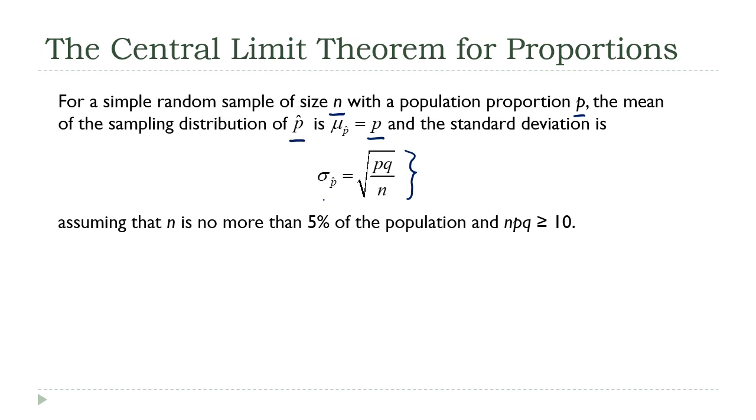The sample size has to be no more than 5% of the total population, and this has to be true: n times p times q has to be greater than or equal to 10. If you think back to when we were talking about the properties of probability distributions, that npq is the variance of the original distribution. So we've got a couple of things we have to test before we start throwing this formula around.